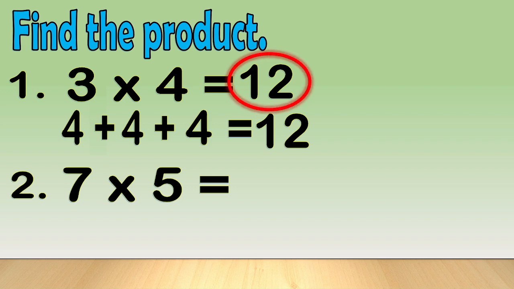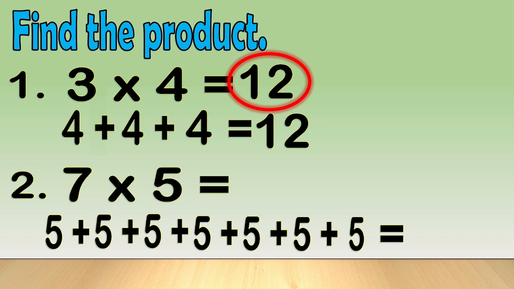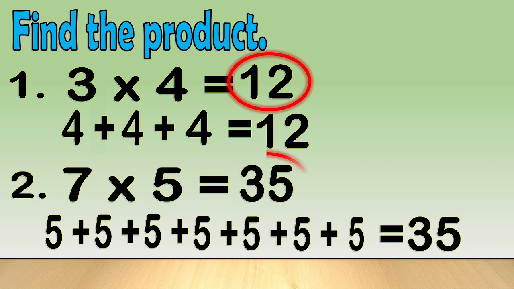Number 2, 7 times 5. That means we need to make 7 groups of 5. That is 5 plus 5 plus 5 plus 5 plus 5 plus 5 plus 5 equals 35. So 7 times 5 equals 35.